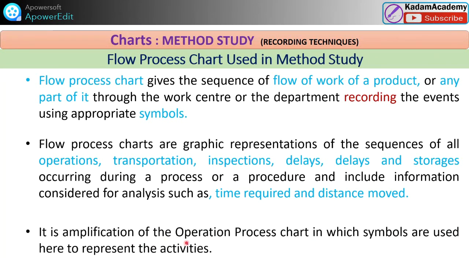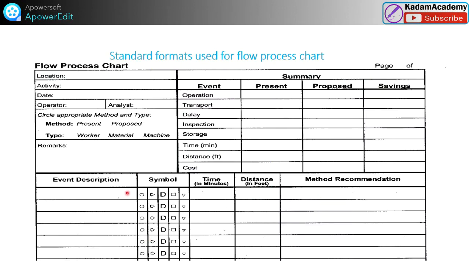It is an amplification of the operation process chart, in which symbols are used to represent the activities. This is a standard format used for the flow process chart. Here are the details: location, activity, date, operator, analyst, who is doing the work, which method, and the remarks. In the summary, we write which operations are present, proposed, or saving, or the transport, delay, inspection.